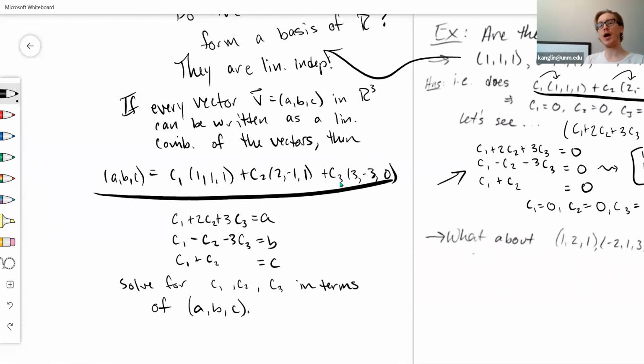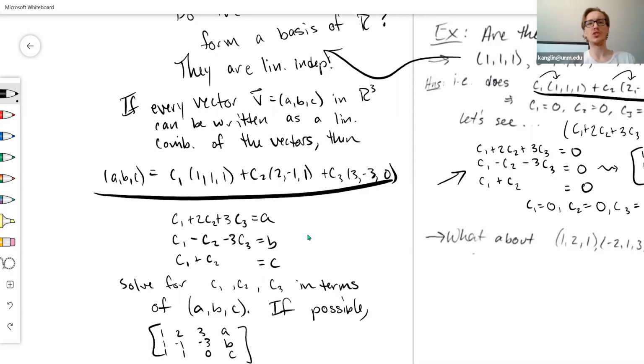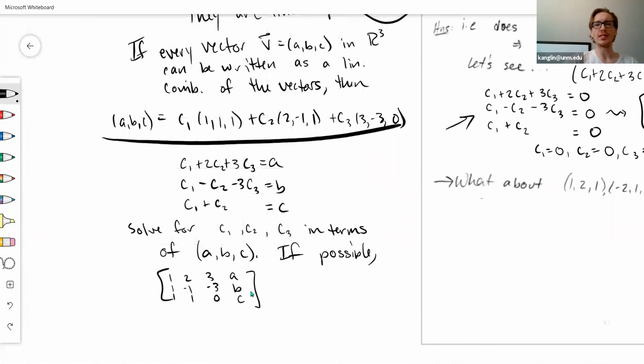So you solve for C1, C2, and C3 in terms of a, b, c. And so you can see, is this possible? Then setting up this augmented matrix for your system. Right, if it's possible to solve for C1, C2, and C3 in terms of the a, b, and c, then when you reduce this down, regardless of what happens to this column, you know you're getting a unique answer so long as this side turns into the identity.